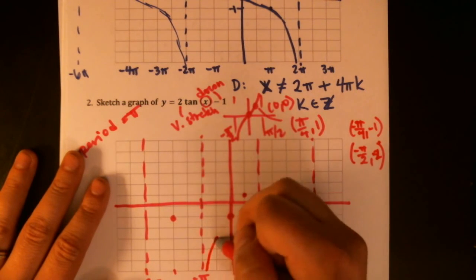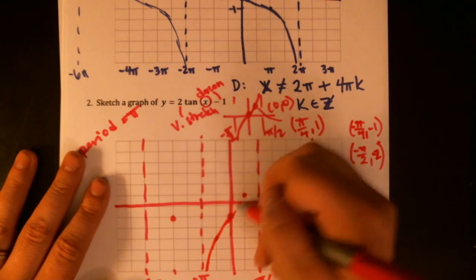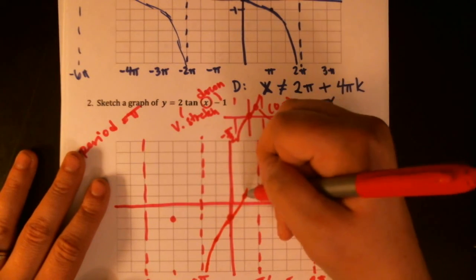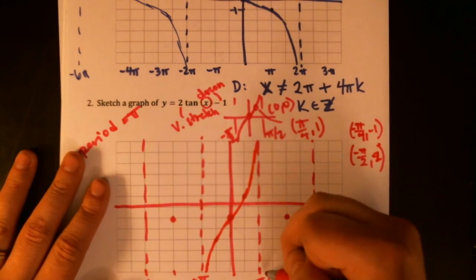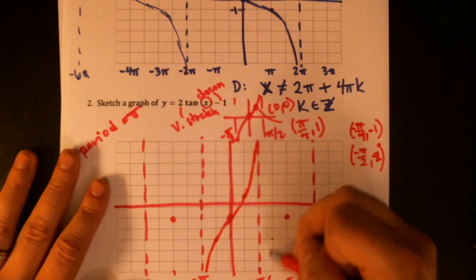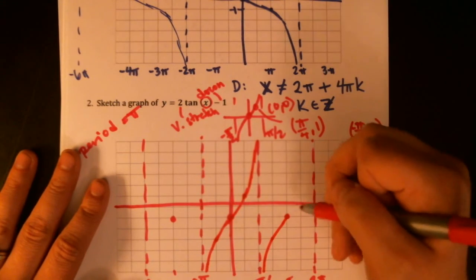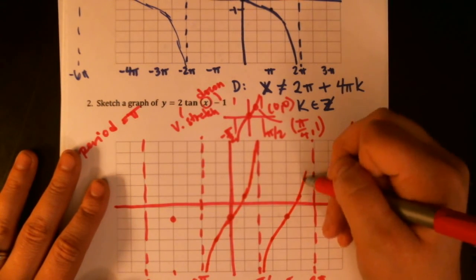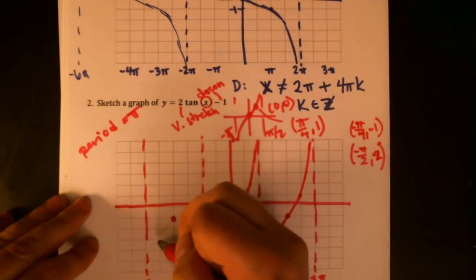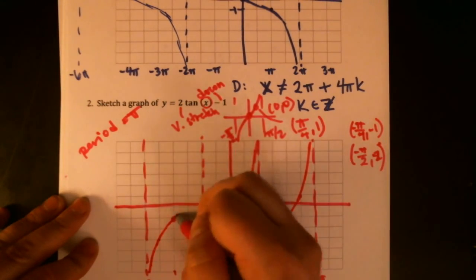So it is stretched out a little taller. The change in bend happens below the axis instead of above, but we still have that pretty typical looking tangent shape. So there's 2 full periods. We can add one here as well if we want to.